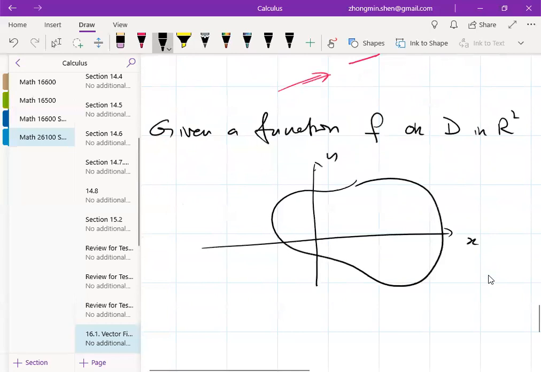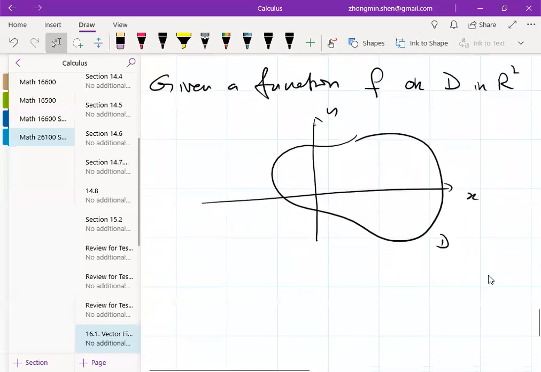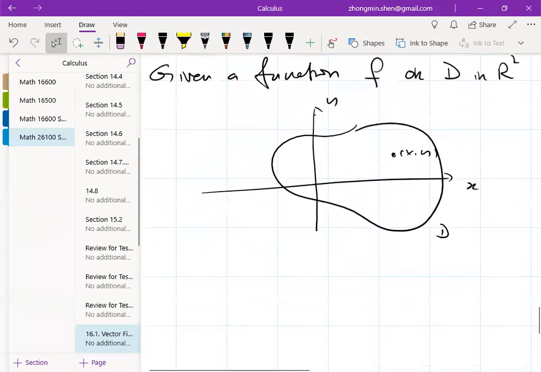So this is the domain D, where the function is defined. At every point x and y, I can get a vector. This is called the gradient.